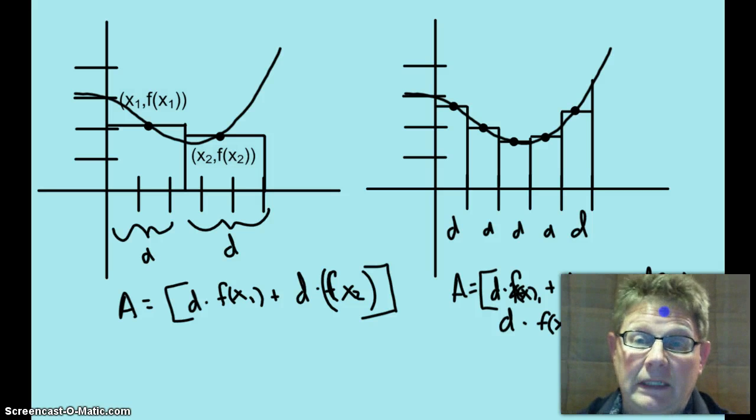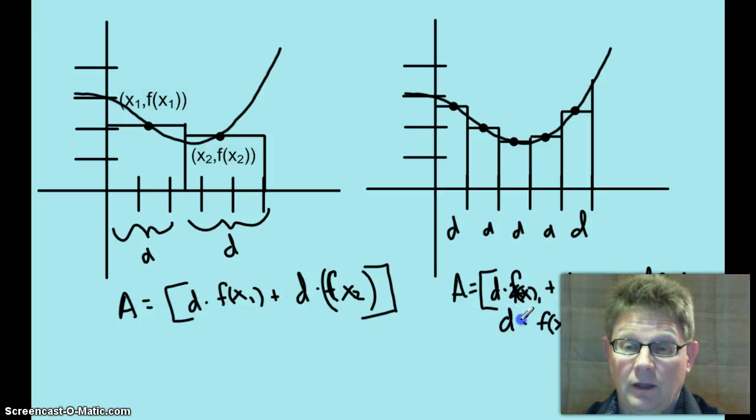I think that's why we need to use sigma rules, because this could get really monotonous, especially as you made the width of these smaller and smaller.